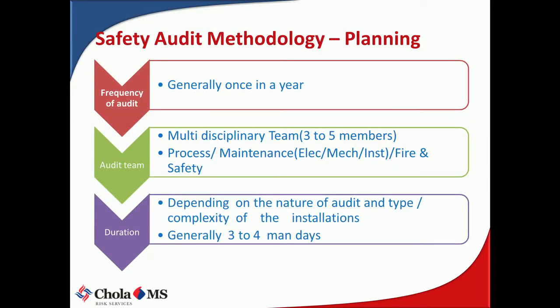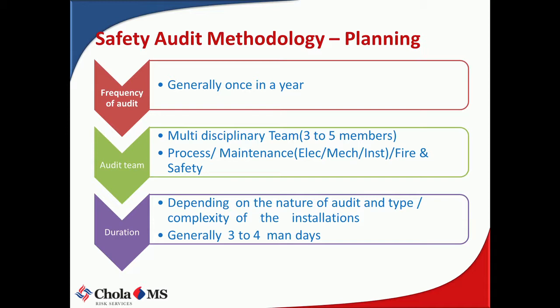It's actually divided into the planning stage and the execution stage. At the planning stage, we give the date and time of the audit, and then decide the audit team. A single person cannot do it if it's a big industry where many operations are involved, like a refinery or a big plant. Even if two or three persons do it, if I am a mechanical engineer, I cannot do a chemical plant.